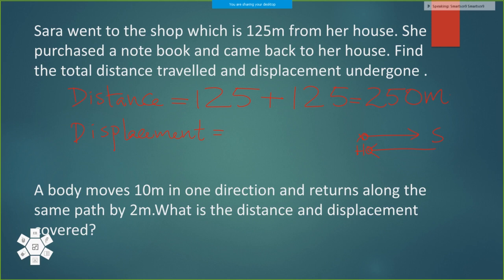That means no difference between initial and final point. So what is the displacement there? 0. So if a body starts from a point and comes back to the same point again, then displacement will be 0. Distance, you have to take the total path length. Okay. So complete that. You have to just do it.